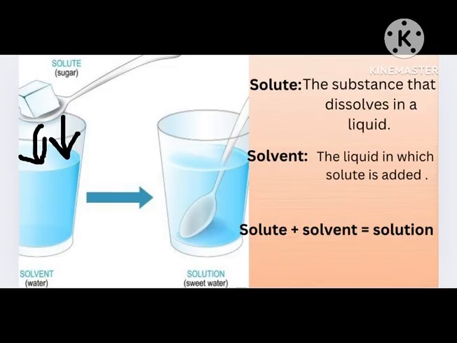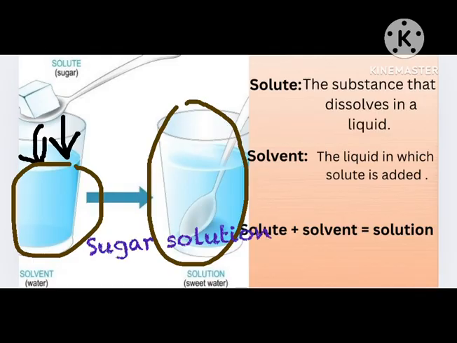Here we are adding sugar, that is the solute, to water. Therefore, this water becomes the solvent. And we call this solute plus solvent a solution. Since here we have added sugar in water, we get a sugar solution.